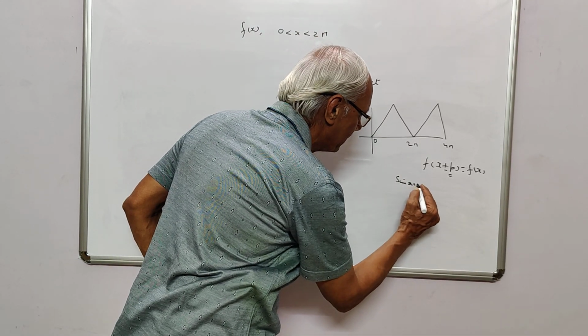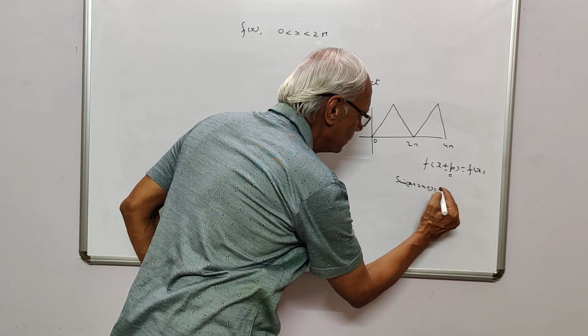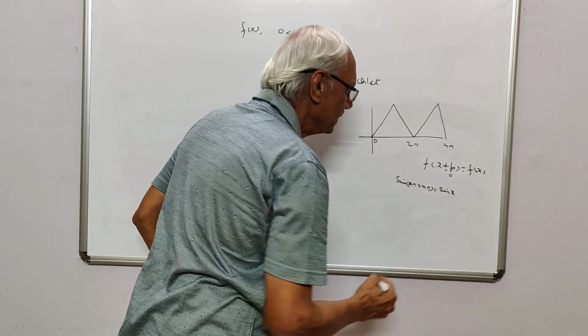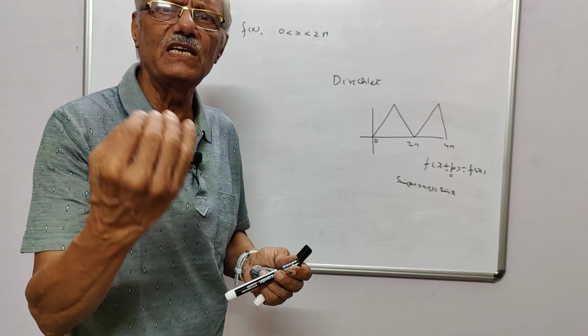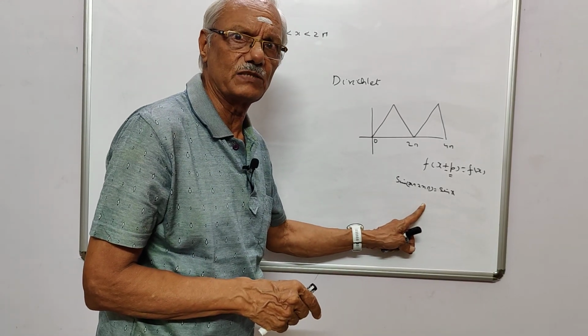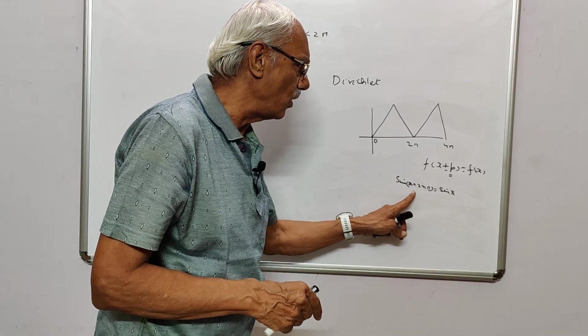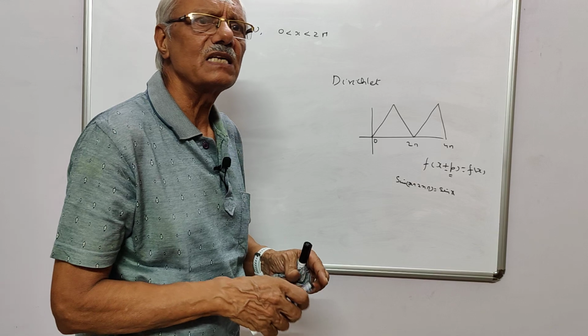I will put it like this: sine of x plus 2n pi is equal to sine x, for any positive integer n. So you see that sine of x plus 2n pi will be equal to sine x.